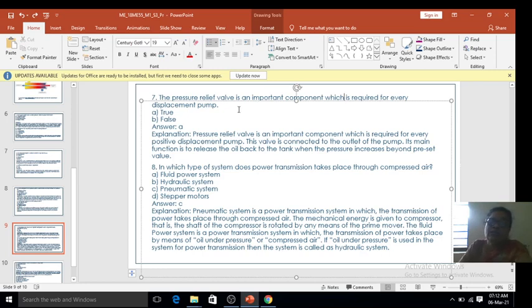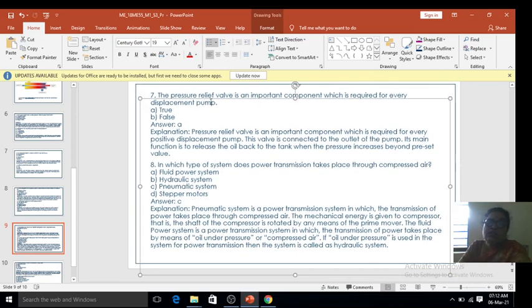Yes, definitely the pressure relief valve is an important component, because displacement pumps use this one. Definitely it is needed.